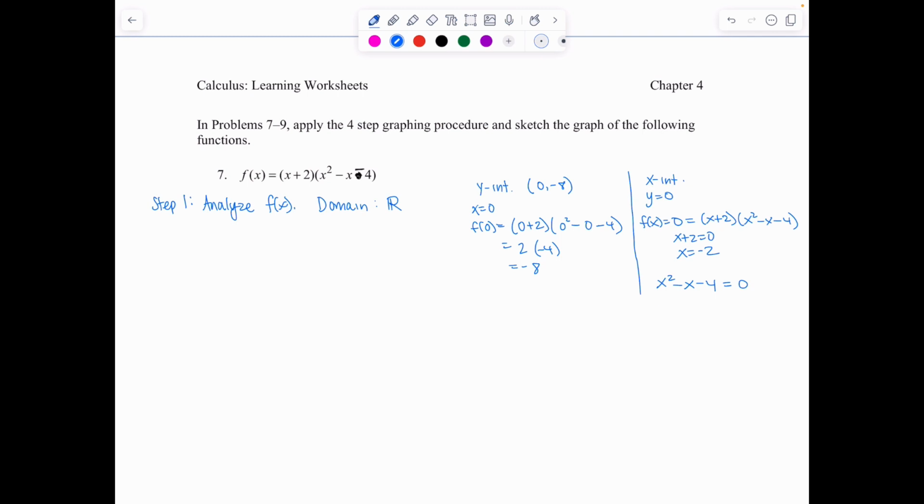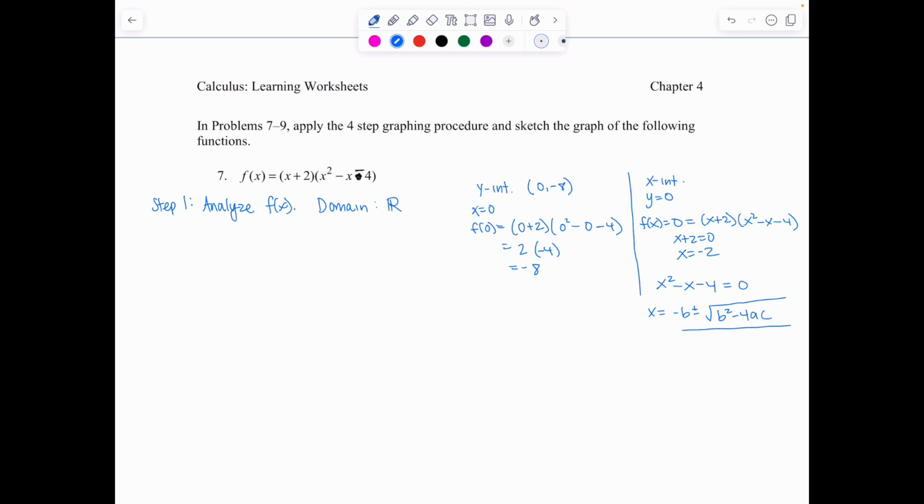So we'll have x equals negative b plus or minus square root b squared minus 4ac all over 2a.